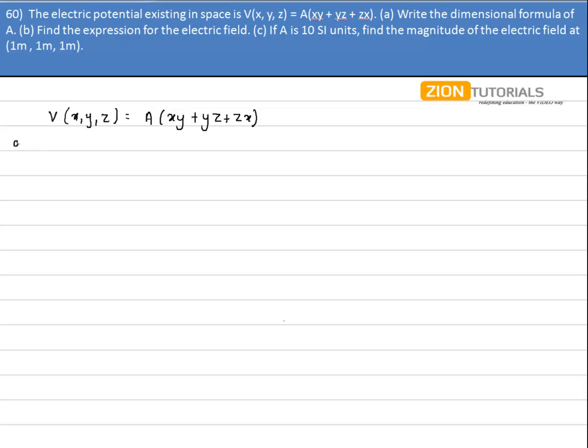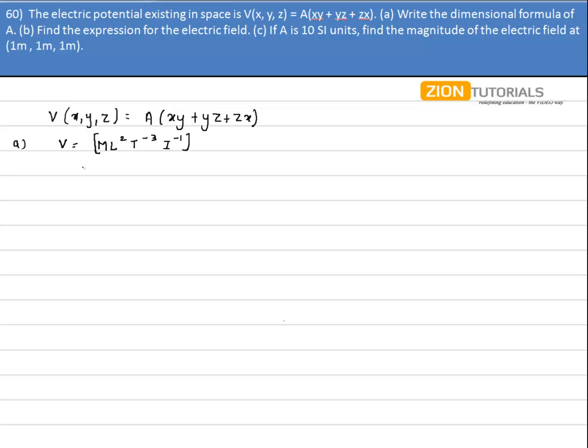For that we should know the dimensional formula for potential V, and the dimensional formula for potential is M L^2 T^-3 I^-1, where M is mass, L is length, T is time, and I is current.